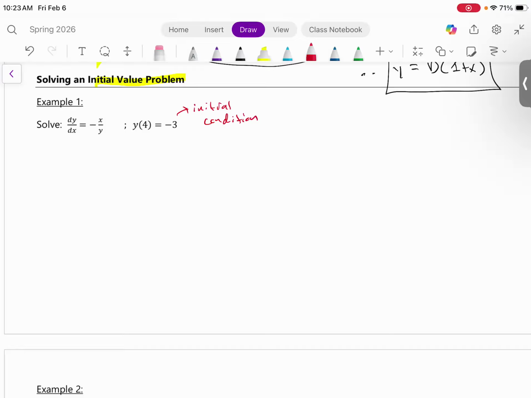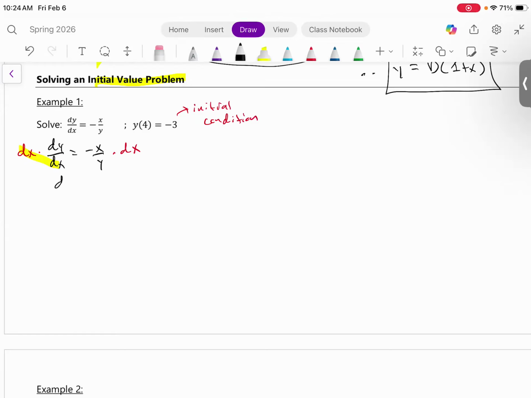So first thing we want to do is isolate my variables, get y to one side and get x to the other. So let's do that. We have dy over dx, just rewriting the equation to give us some more space, but I'm going to clear out this dx to both sides.